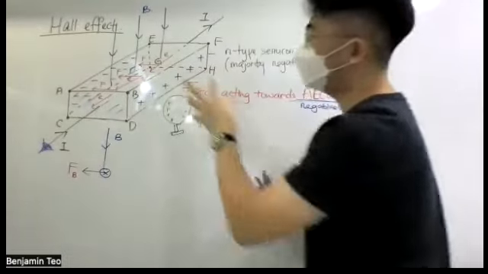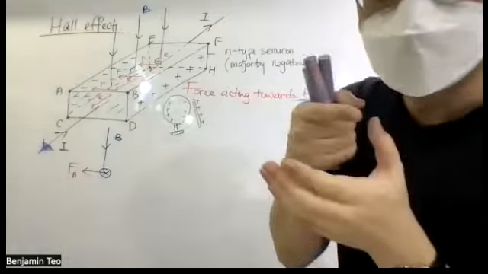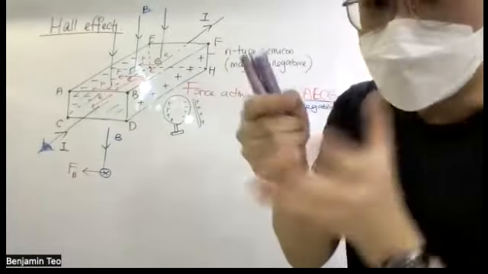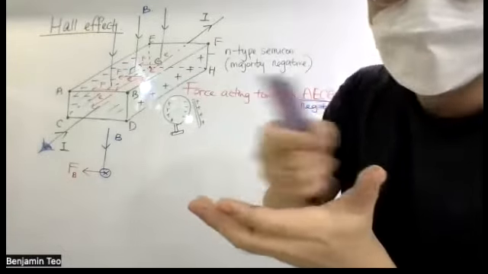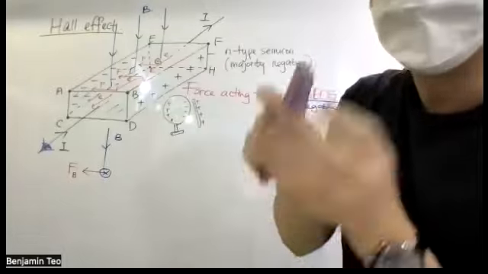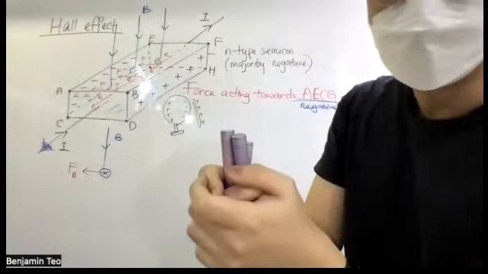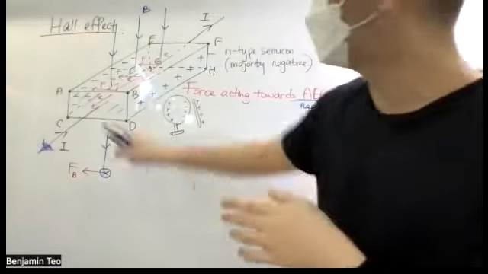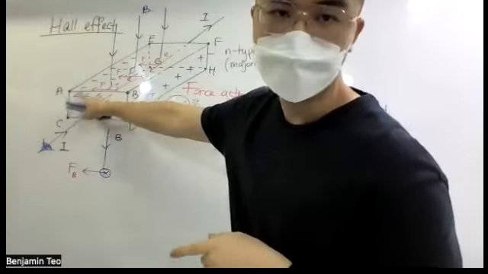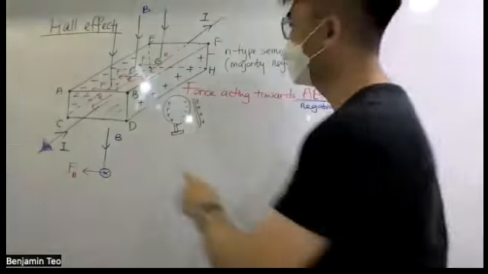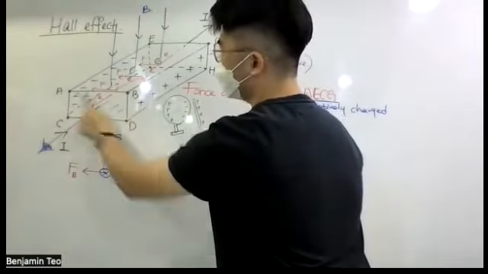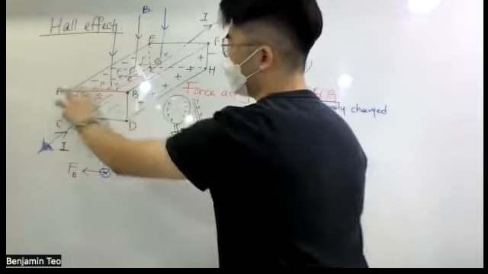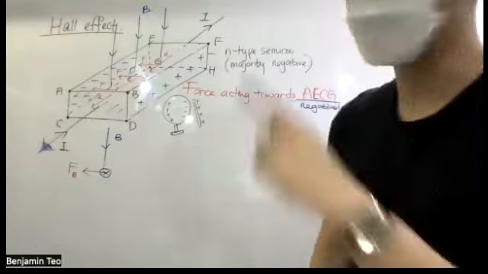The moment you put it into the field, all the charges start to move already. They slowly build up. They keep building up until a certain point. This side becomes very, very negative. And what happens next? You have a negative, you have a positive. These two will set up an electric field.